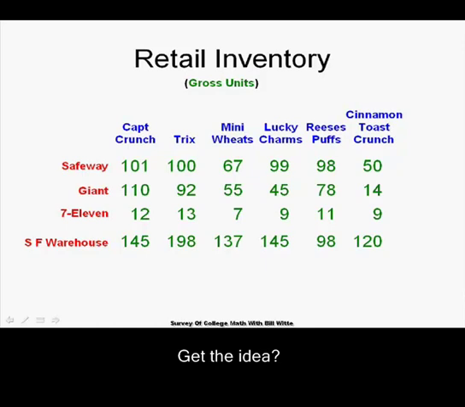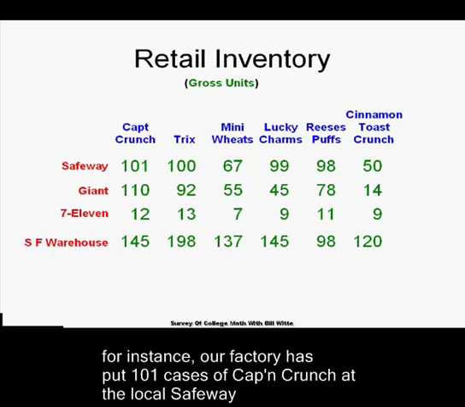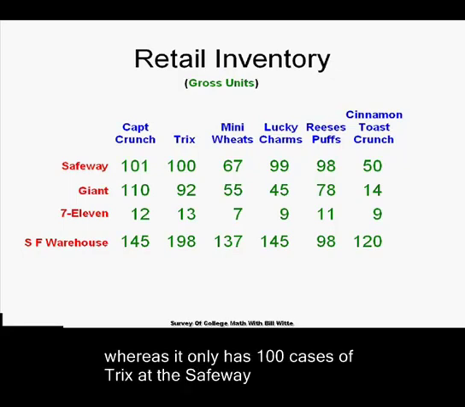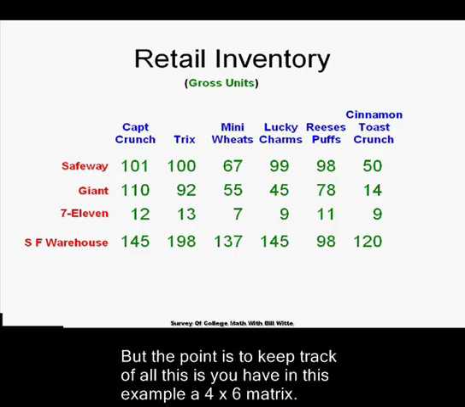I hope you can see that this graphic shows that our factory has put 101 cases of Captain Crunch at the local Safeway and 145 cases of Captain Crunch at the local Shoppers Food Warehouse, whereas it only has 100 cases of Trix at the Safeway and 198 cases of Trix at the Shoppers Food Warehouse, and so on. But the point is, to keep track of all this, look what we have here: in this example, a 4 by 6 matrix.